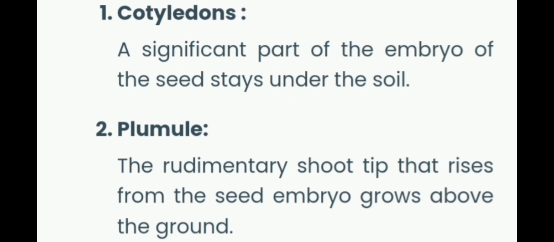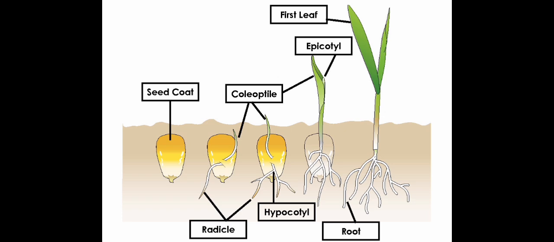The plumule rises and pushes itself upwards, and this process continues with the epicotyl, which is the stem that stays above the cotyledon and rapidly elongates into its structure and shape. So that's the process in hypogeal germination.